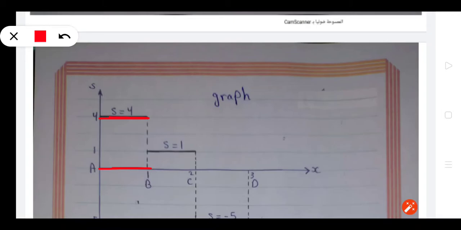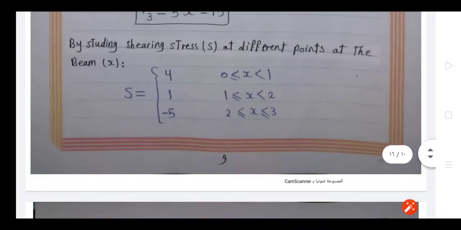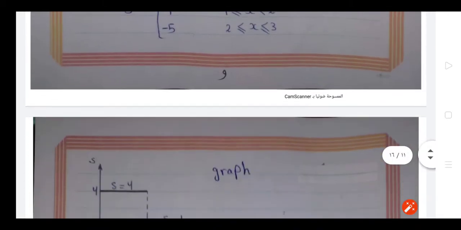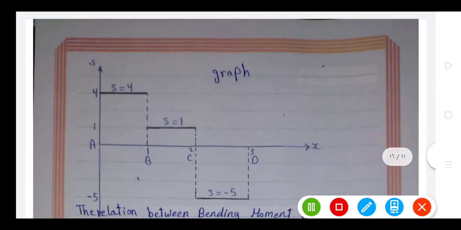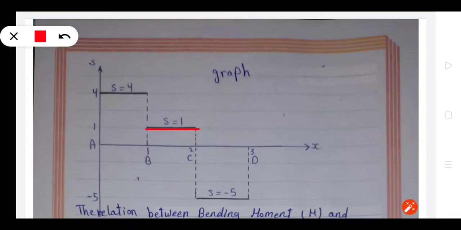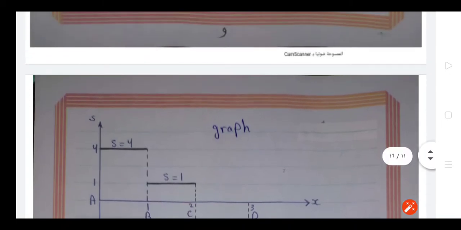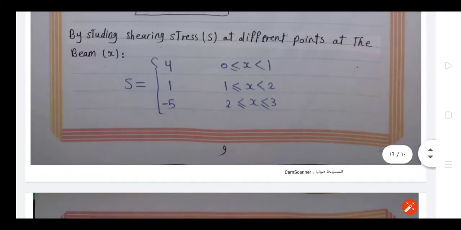And also from 1 to 2 equals 1, a line parallel to the x-axis, S equals 1 from 1 to point C at point 2. From 2 to the point D at 3 equals negative 5.